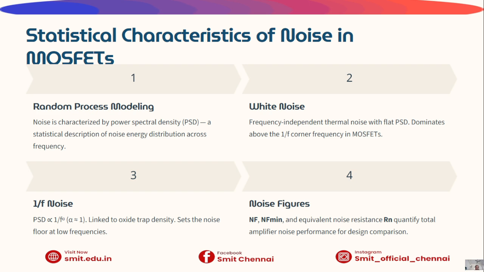Flicker noise follows a 1 over f relationship, meaning its magnitude increases as frequency decreases. To compare amplifier performance, parameters such as noise figure, minimum noise figure, and equivalent noise resistance are used. These parameters help designers select suitable devices and optimize amplifier performance.